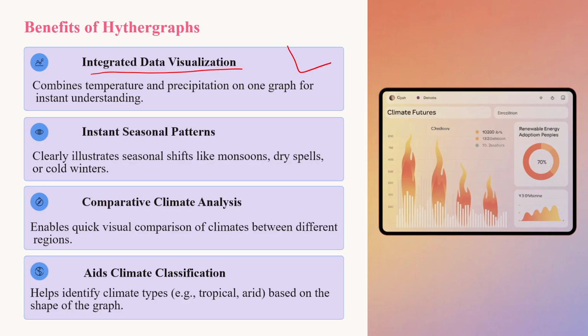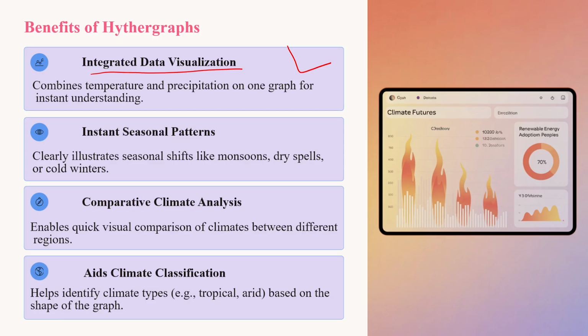Second, we can rapidly understand the seasonal patterns, and the third is comparative climate analysis. Suppose we have Hyther graphs of different places, we can compare them, and through analysis understand their climatic differences.